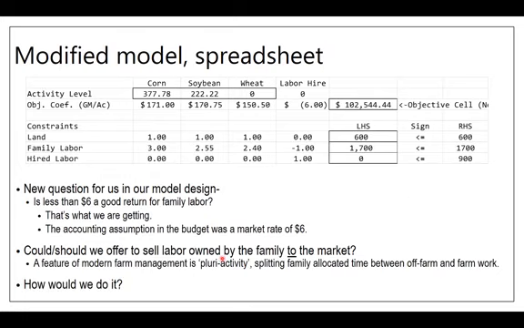Should we offer to sell labor owned by the family to the market? This is a huge issue, right? Modern farm management has become sort of pluri-activity. I have no idea if I'm spelling that correctly, but you don't get a spell check if you use a dash in a word. It just means multiple, right?